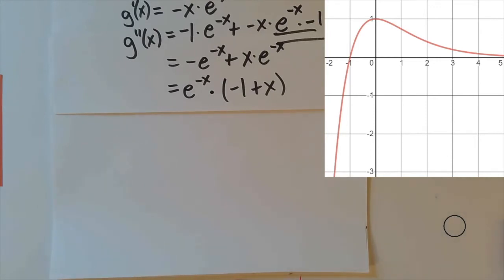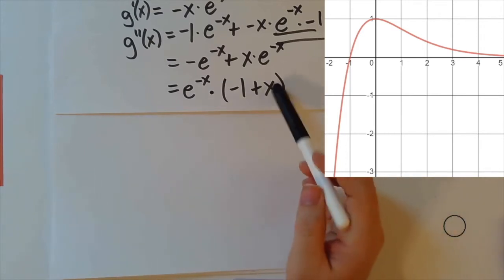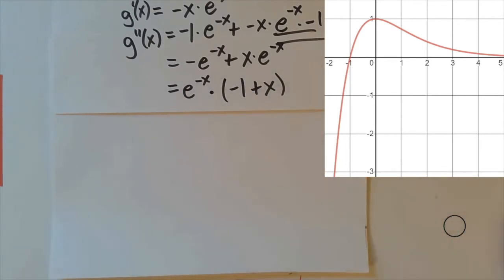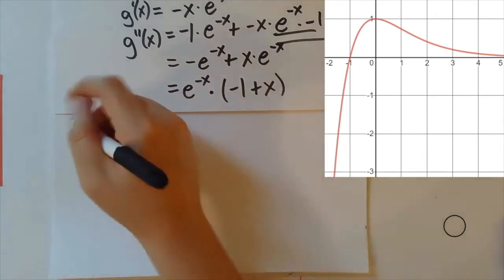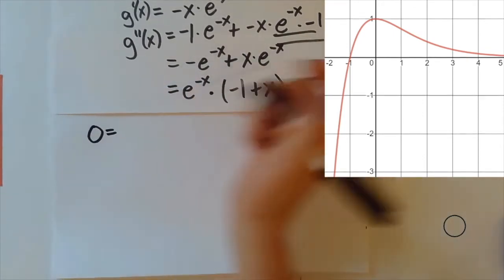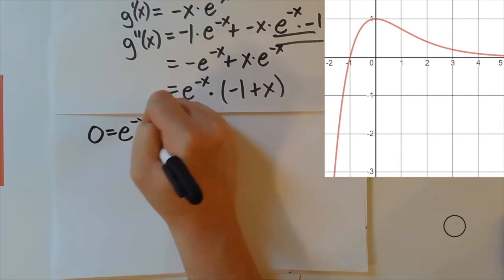Namely, when we want to know where the function could possibly change concavity, since concave up means positive second derivative and concave down means negative second derivative, the only way a function can change from concave up to concave down or concave down to concave up is if the second derivative goes through 0. So the points I'm going to look for are the spots where the second derivative is 0.